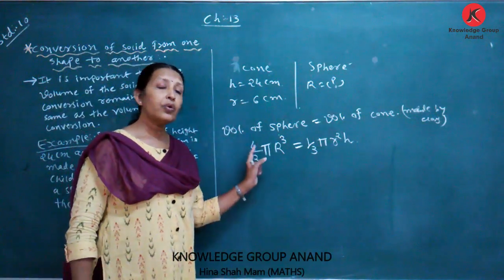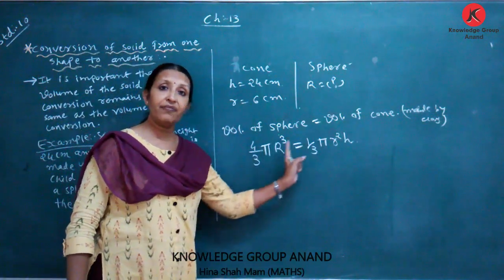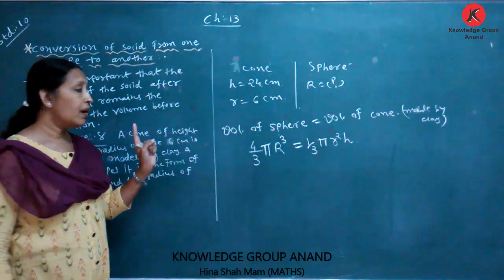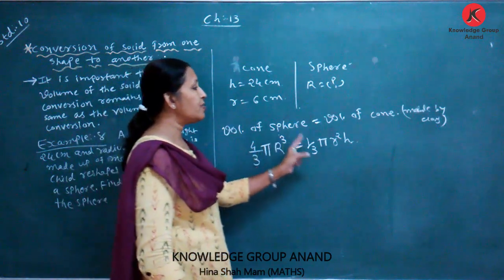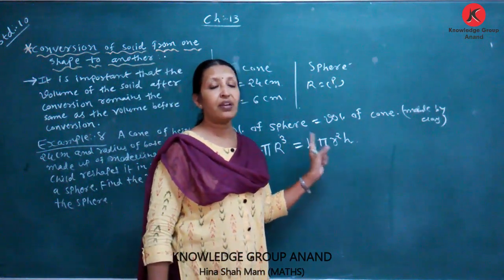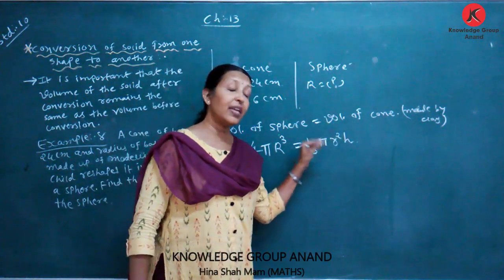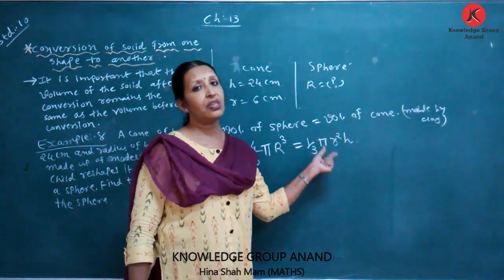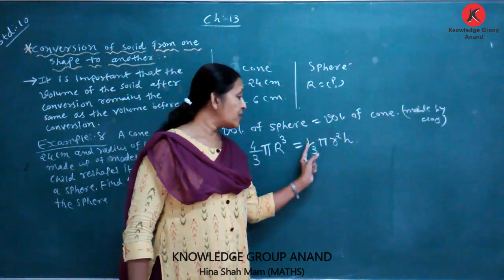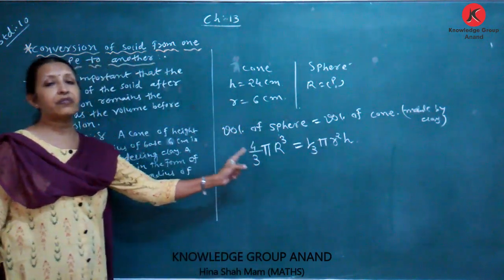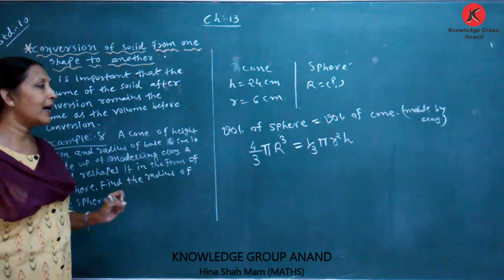If we know these formulas, we calculate this sum easily. But if we use a wrong formula, our answer is wrong. If we write volume of cone as pi r square h, it is wrong. It is 1/3 pi r square h, and volume of sphere is 4 by 3 pi r cube.